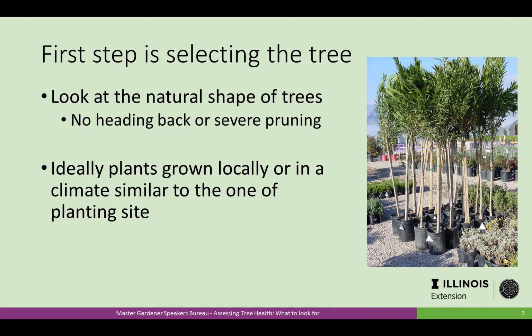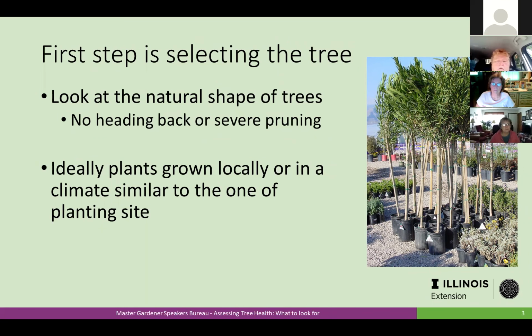Well, that's one thing for a Christmas tree, because it's dead. You know, it's not going to be growing anymore. But this can be devastating when you're talking about a young tree.